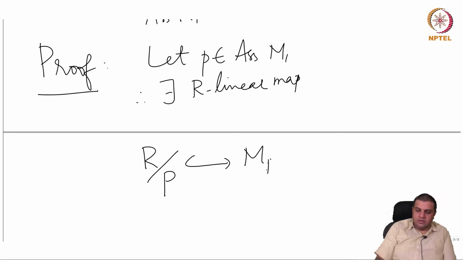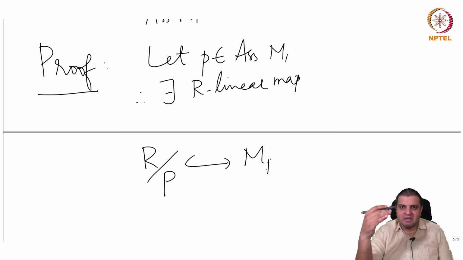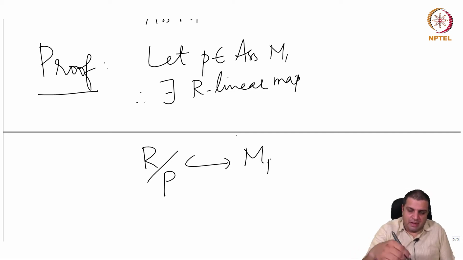This is, as we mentioned in the previous lecture, although we said an associated prime means a prime ideal that's an annihilator of an element, very often we just think of it in terms of such an injective map.